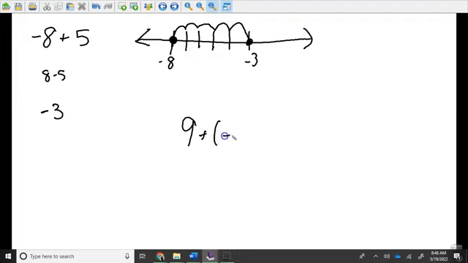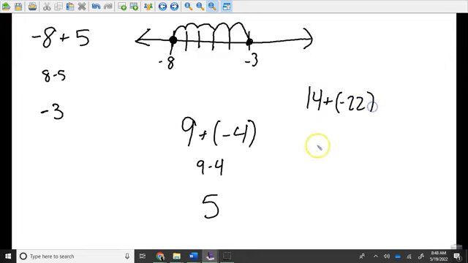So let's look at this. 9 plus -4. What this really is, is just 9 minus 4. So let's look at 9 minus 4. We get 5. 9 is bigger than 4, so it stays positive. 14 plus -22. 22 minus 14 would be 8.